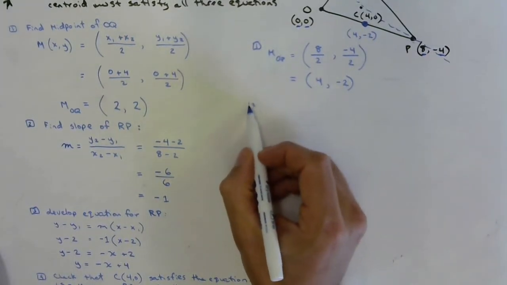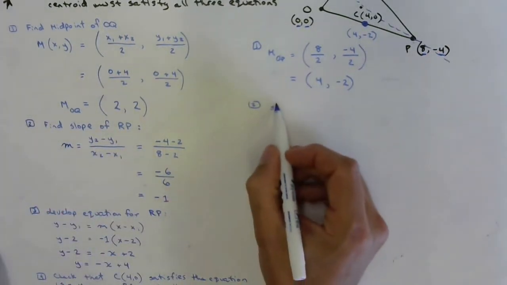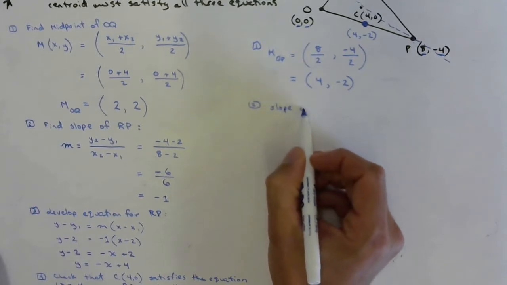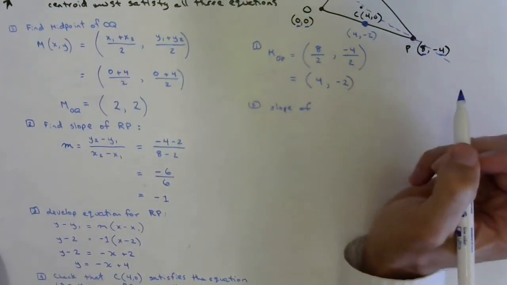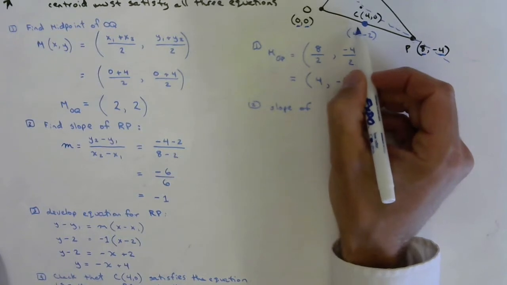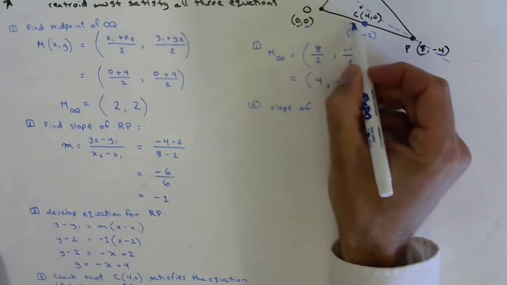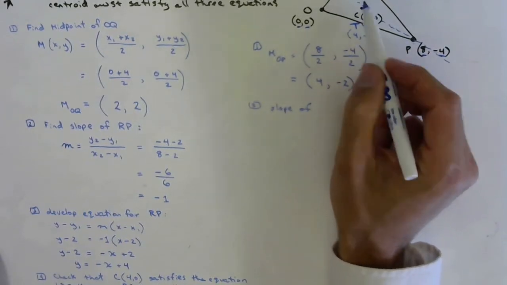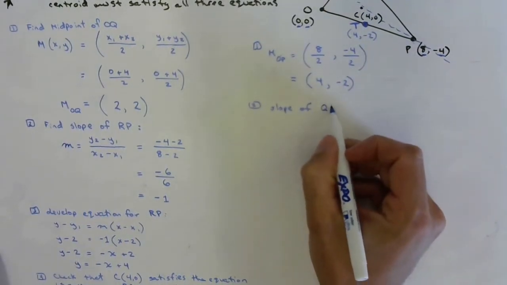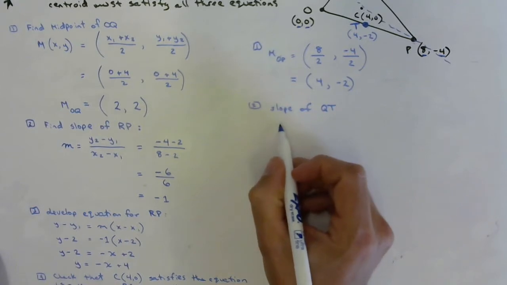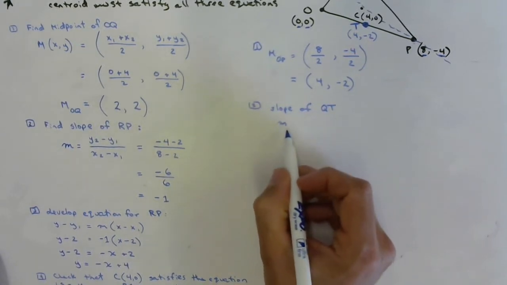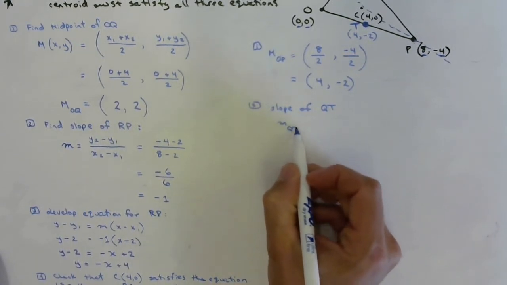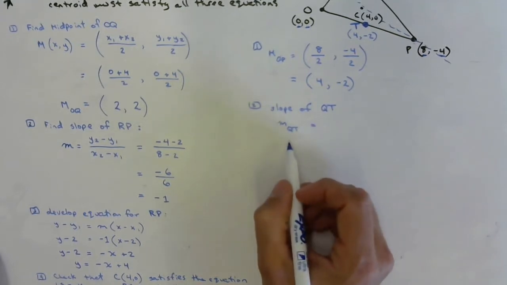Step 2. It's right here. We need the slope of, what are we going to name this new point? P, Q, R, S, or T? T is a nice letter. Let's use T. Okay, so we're going to now find the slope of QT. And I'm going to use my lowercase m and a subscript QT so that I know what I'm finding.